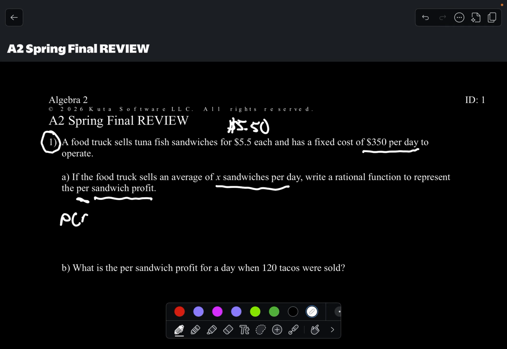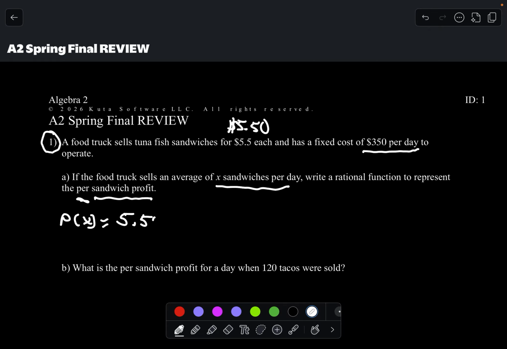Profit, P as a function of X, will be how much money you make, which is $5.50 per sandwich.